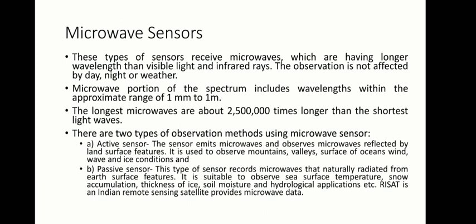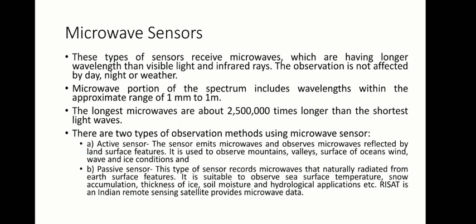There are two types of observation methods used in microwave sensing: active and passive. In the active sensing method, the sensor emits microwaves and observes microwaves reflected by land surface features. It is used to observe mountains, valleys, the surface of the ocean, wind, waves and ice conditions. Then comes the passive sensing method in the microwave domain.